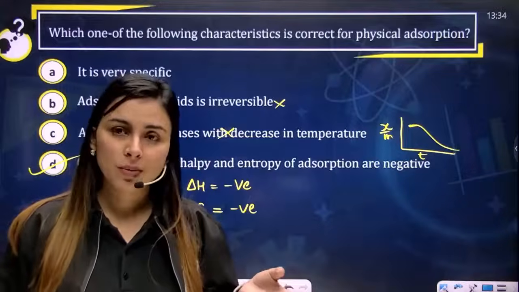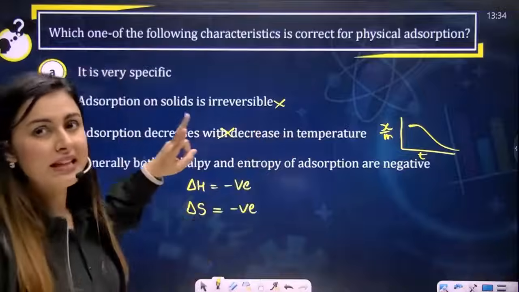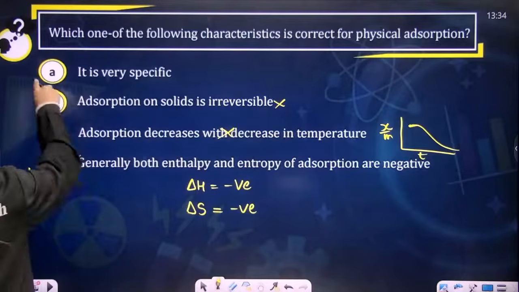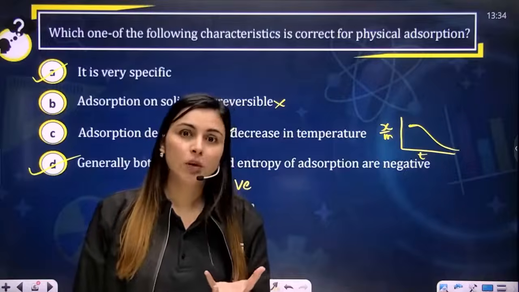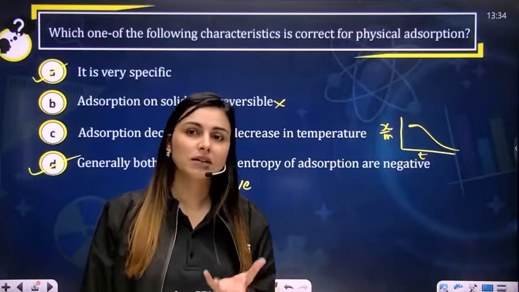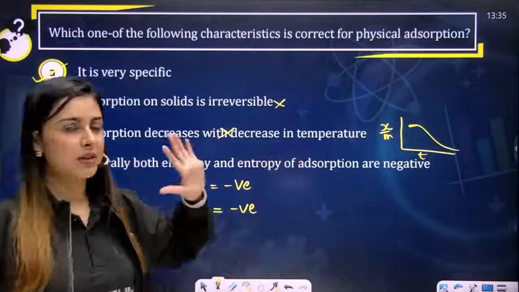The other gases will not be adsorbed on the surface. So we'll say that here two options are correct, A as well as D. There should have been a little more clearance about the point so that we could have found one answer, but till now we can see that both of the options are correct. Okay, perfect. Please write it down.